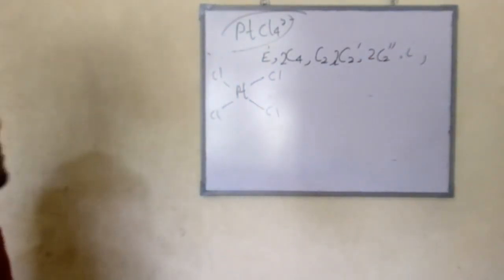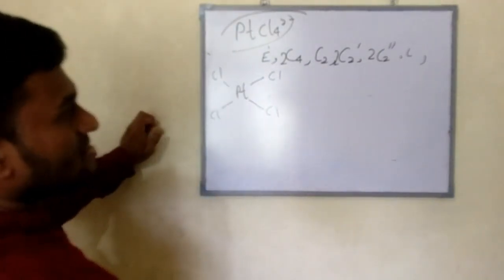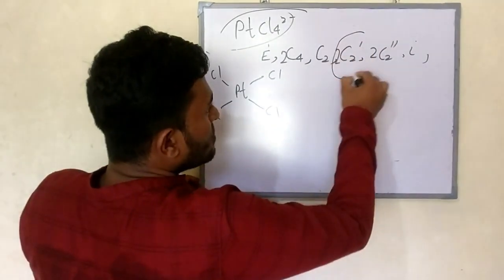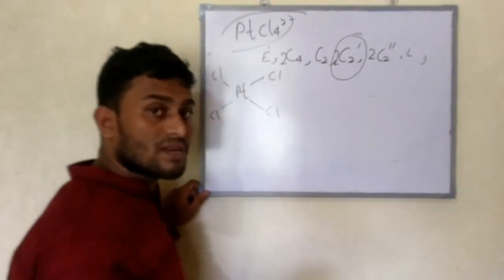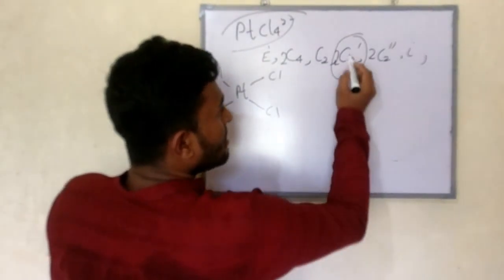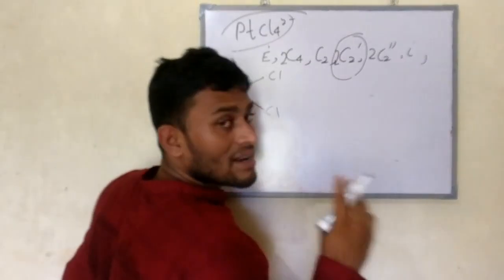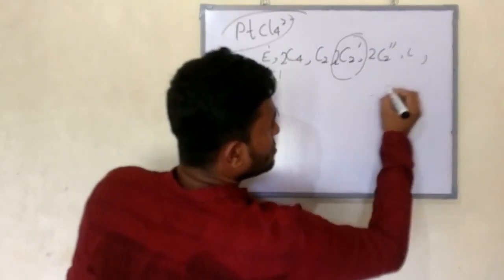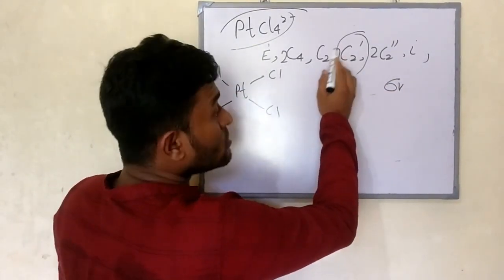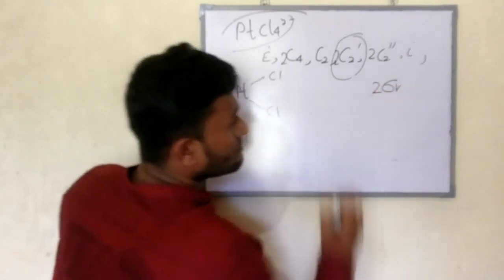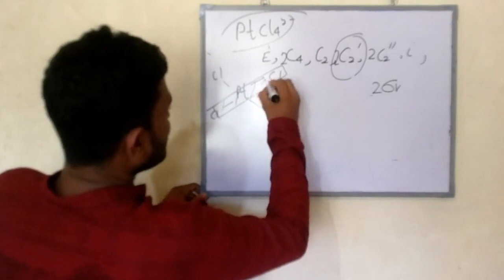Then you need to see what are the planes. Now there is a trick actually. If C2 dash is there, the same number of sigma V also there. Here two C2s are there, so 2 sigma V's are possible. These are those sigma V's.